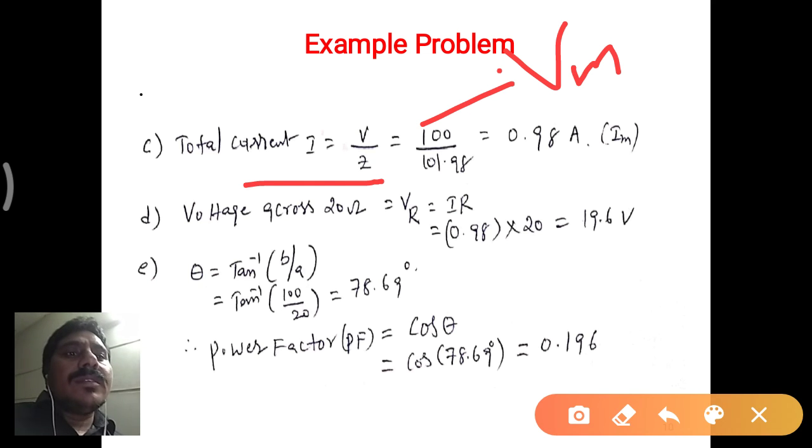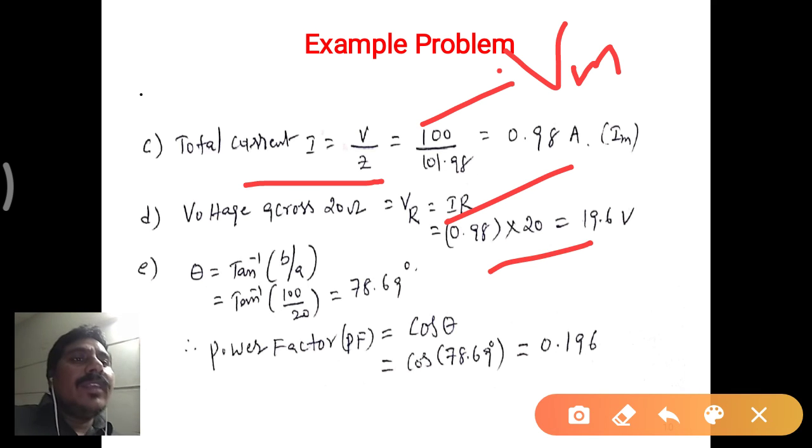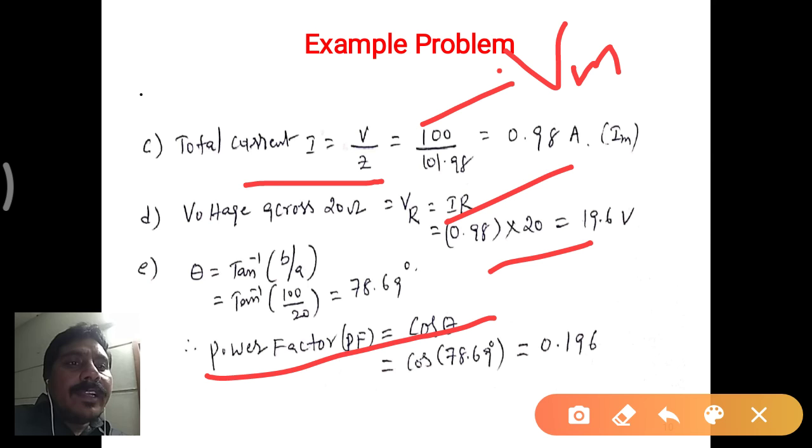Voltage across 20 ohms: VR is equal to I into R. Already calculated current is 0.98 amperes and the resistor is 20 ohms, so the voltage is equal to 19.6 volts.